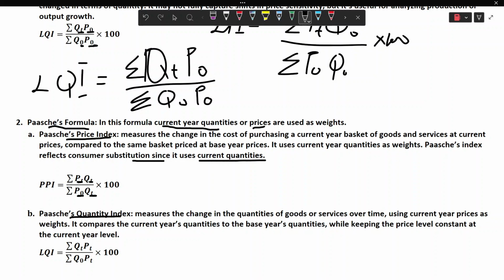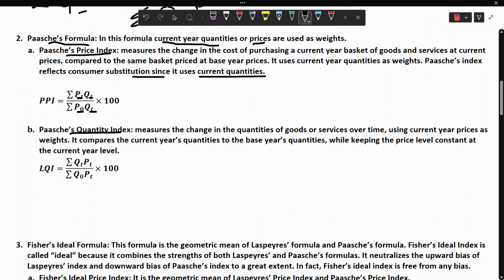Also, when you come to the purchase quantity index, we use the current year prices as weight. It measures the change in quantities of goods and services over time using current year prices as weight. It compares the current year quantities to the base year quantities while keeping the price level constant at the current year level.